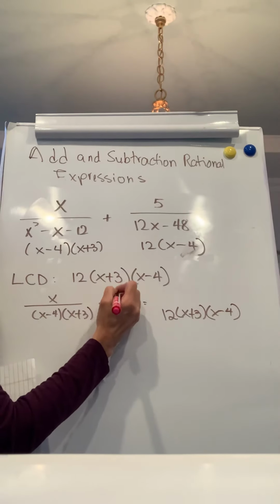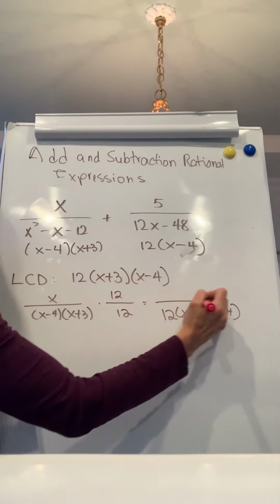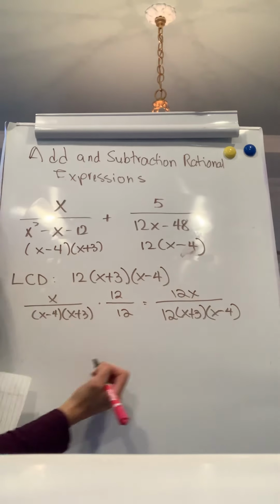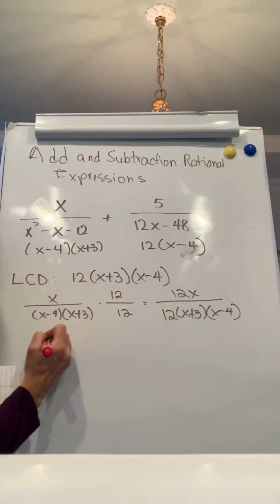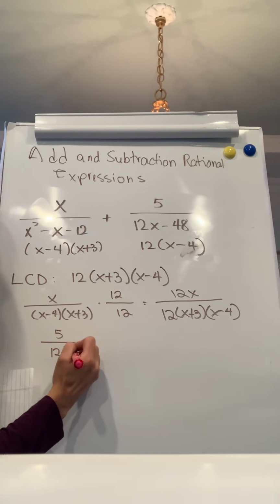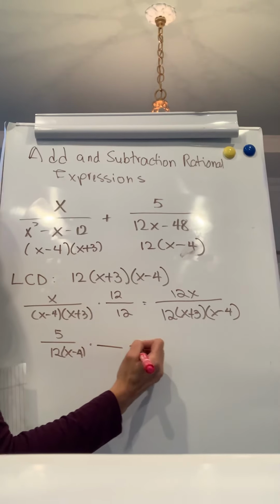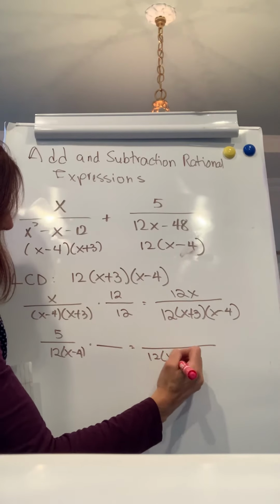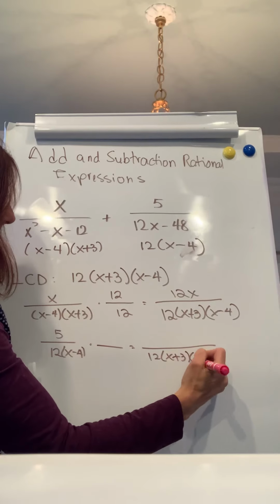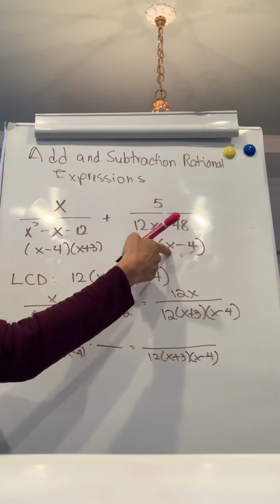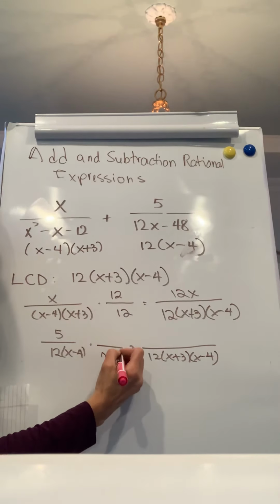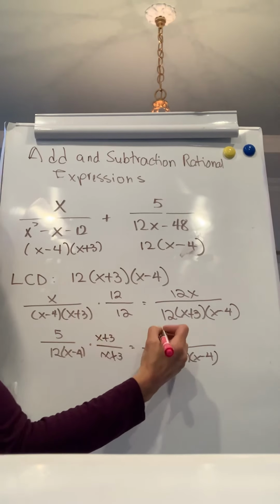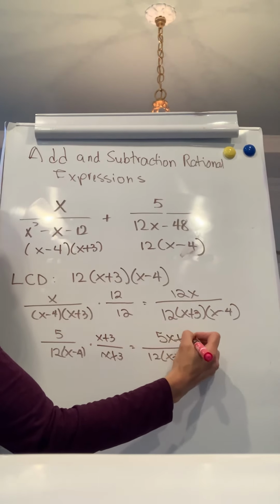I need to multiply by 12. So I get 12x here. For this one, I need to multiply by x plus 3. So I get 5x plus 15.